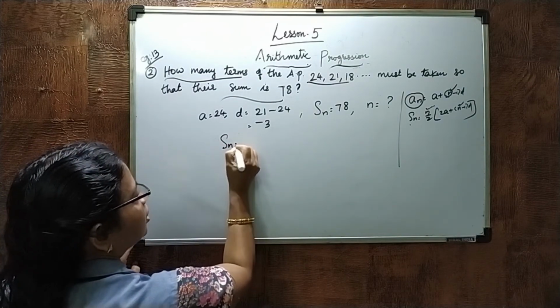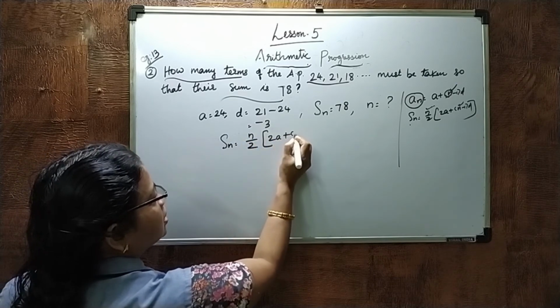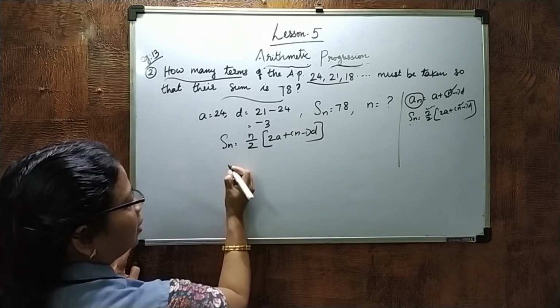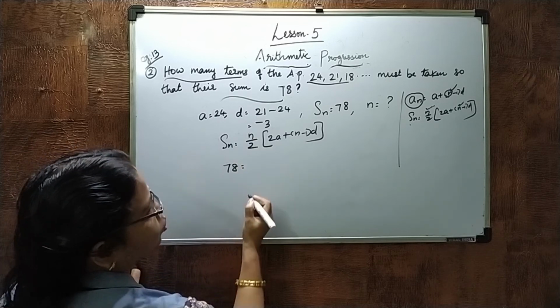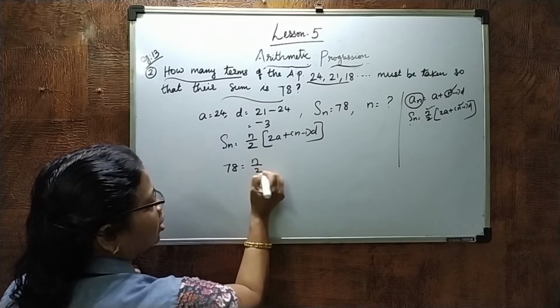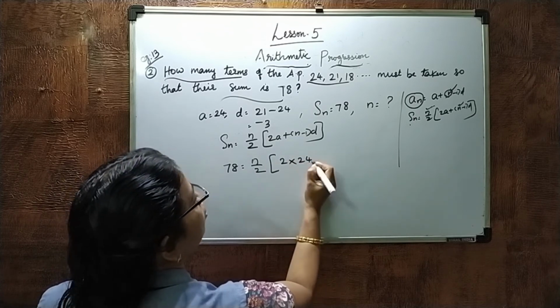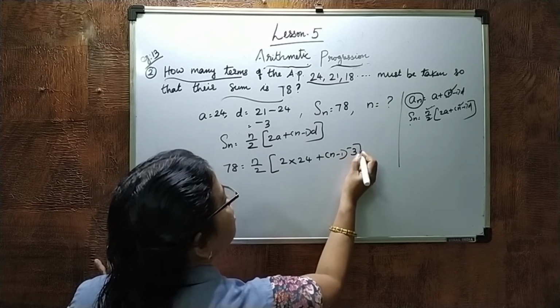So Sn equals n by 2 into 2a plus n minus 1 into d. Sn is 78 equals n by 2 into 2 into a, which is 24, plus n minus 1 into d, which is negative 3.